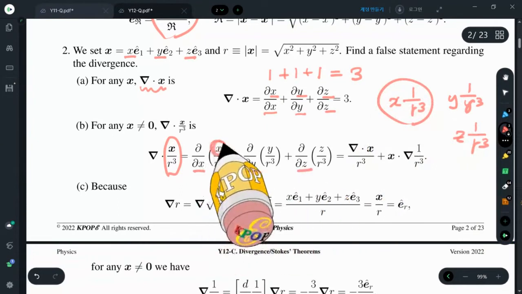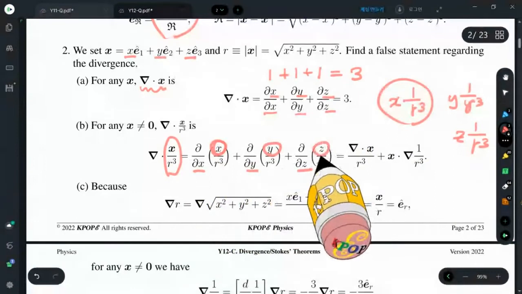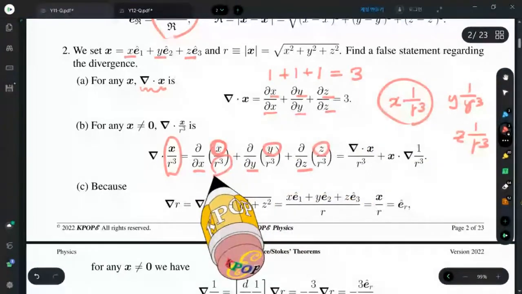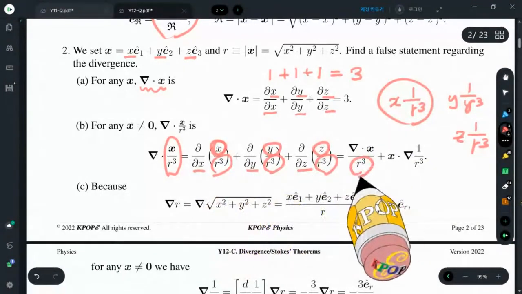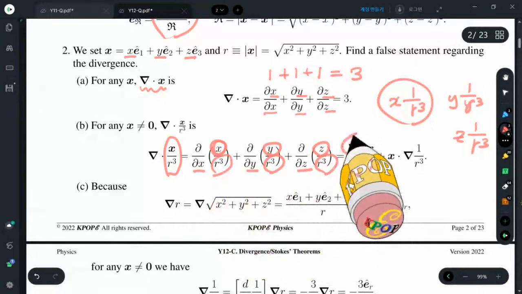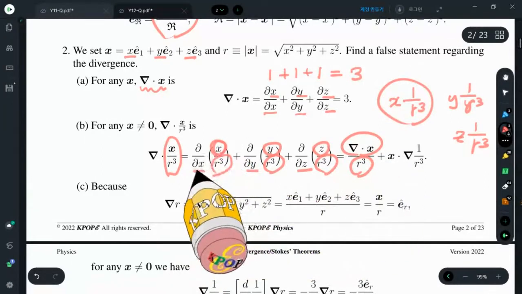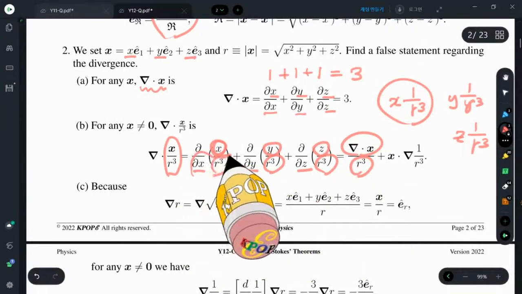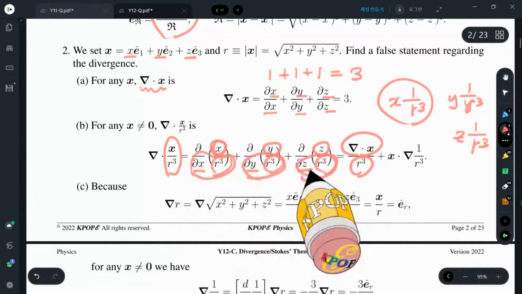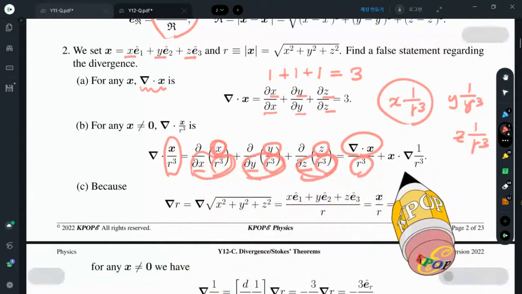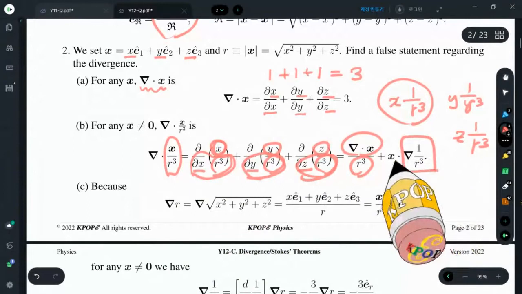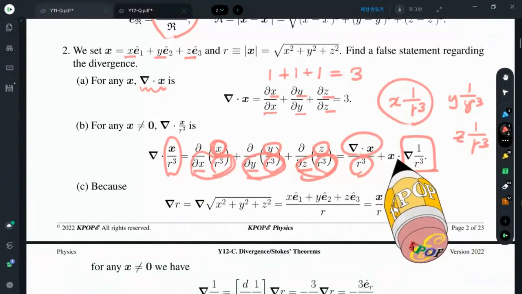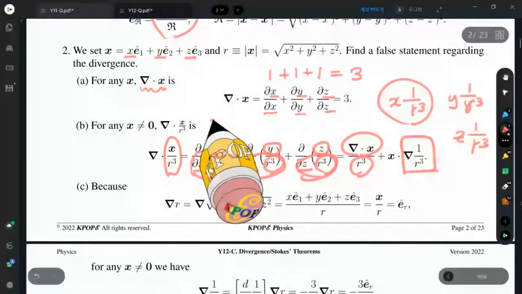If I take these derivatives and keep the other factor constant, then we have 1 over r cubed and divergence x. If I take the derivative of these, then what I get is a gradient scalar product.